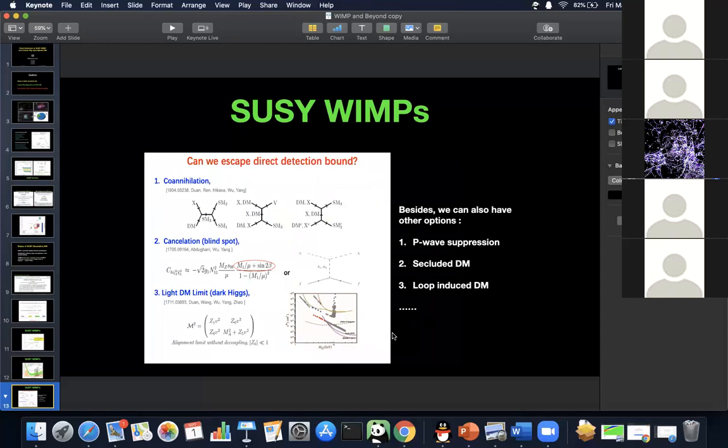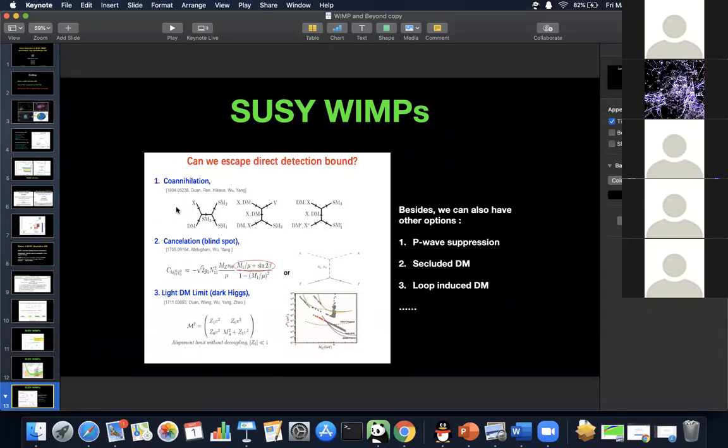So the question is, how can we escape the direct detection bounds on the neutralino dark matter in supersymmetry? This is from my experience. I think there are several ways.